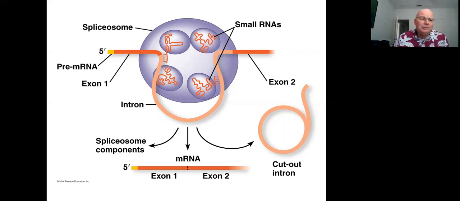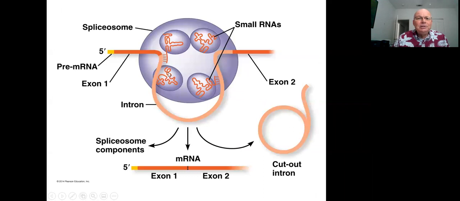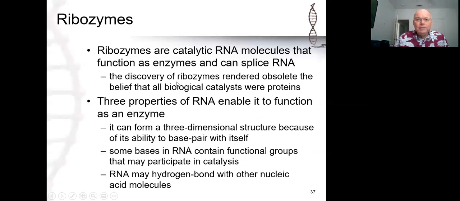They are RNA molecules that act as enzymes, and they are known as ribozymes. You can see the name here, ribozyme, an RNA molecule that functions as an enzyme. And it is these enzymes that do the cutting and splicing, these little RNA molecules that do the cutting and splicing.